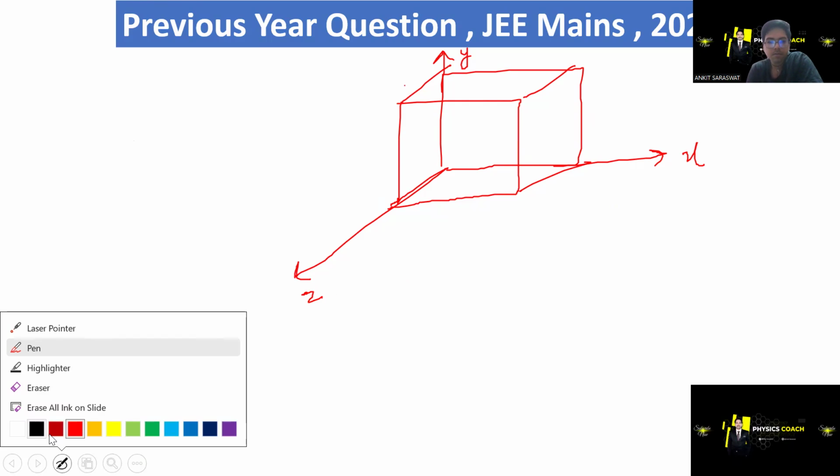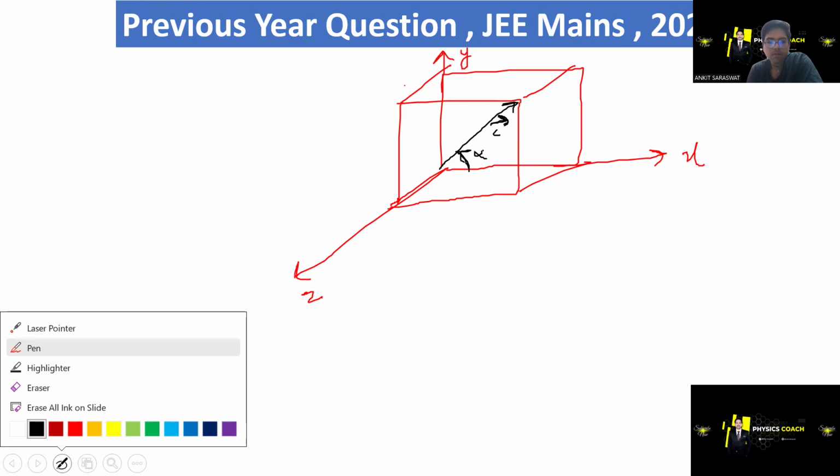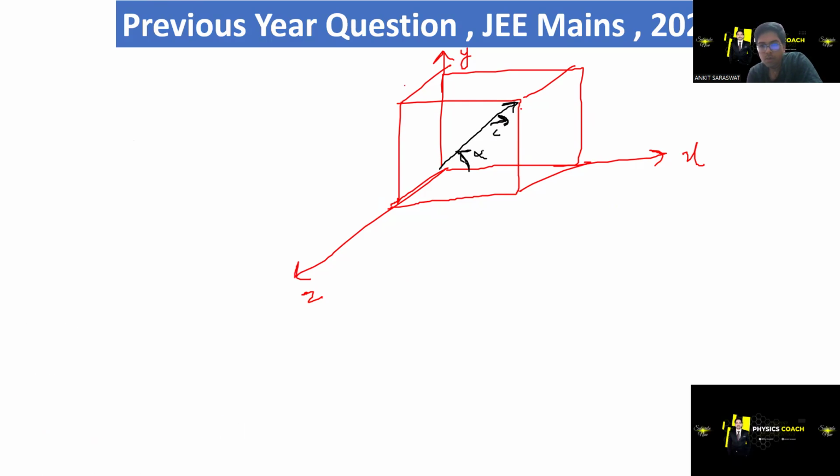Here, this is our C vector. How much angle? Alpha. If you draw a perpendicular on the x-axis, you get a construction.